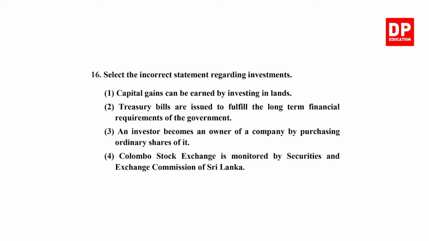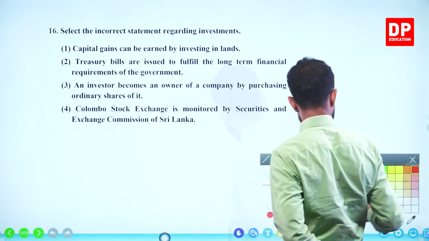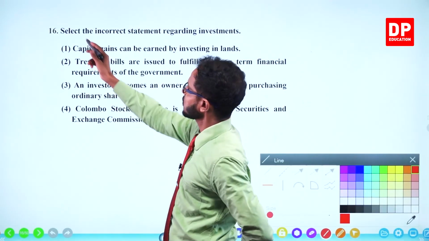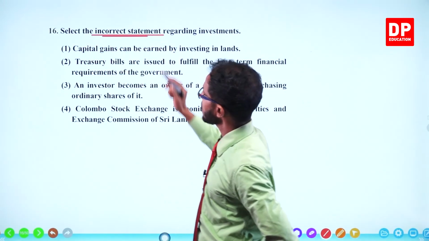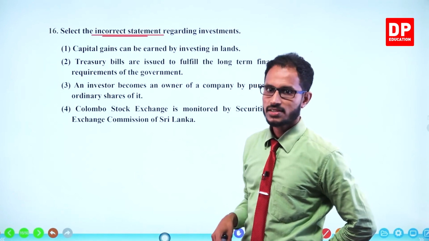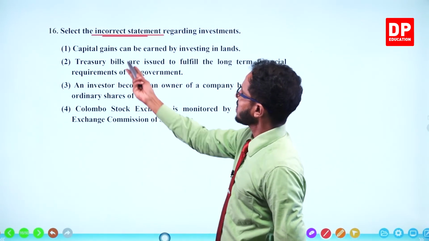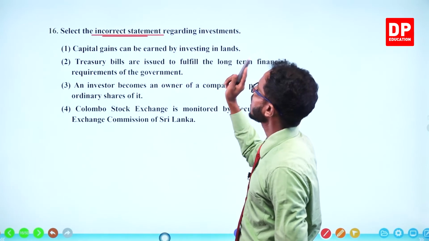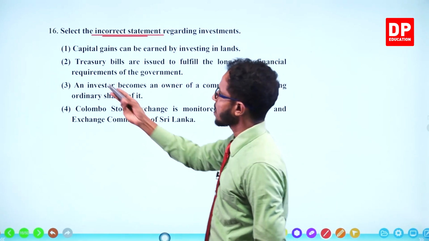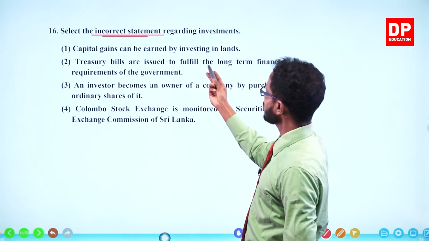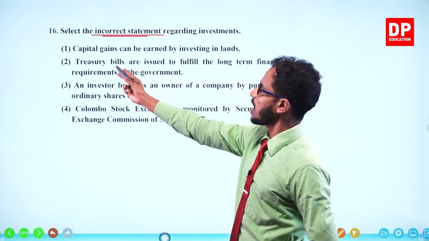Select the incorrect statement regarding investments. Children, they are asking for the incorrect statement. Capital gains can be earned by investing in lands. It's correct. Treasury bills are issued to fulfill the long-term financial requirements of the government.